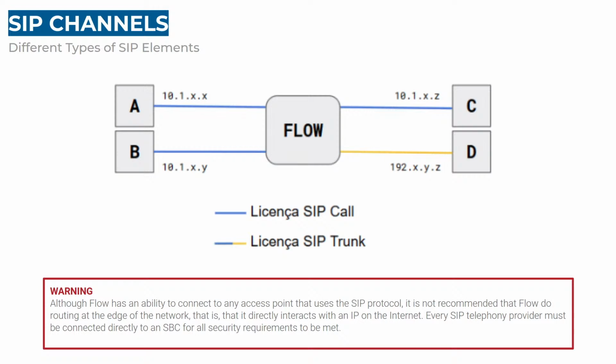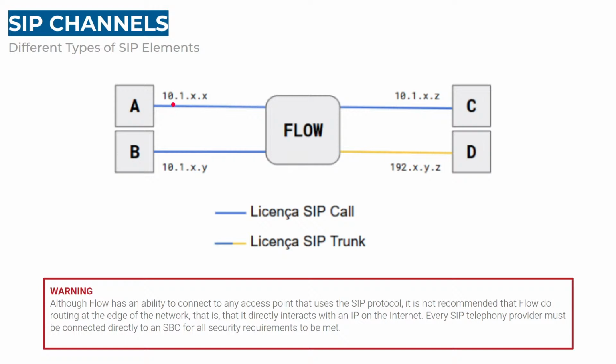So you can use our SIP trunk license, and then as you see here in this figure, you will find, okay, this is a network and this one is a different network. So if you want to make one of these elements speak with this element, you will need a special SIP trunk. In that way, the Flow is going to do all these NAT tasks in order to communicate the two different networks.